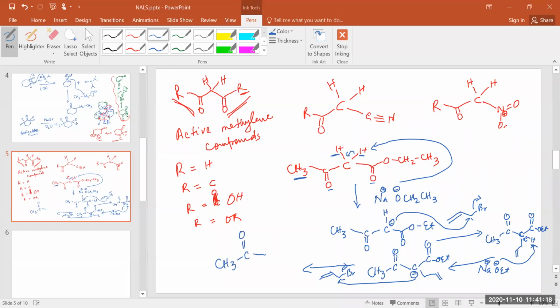CH3CO, COOEt. Both hydrogens are replaced by two allyl groups.